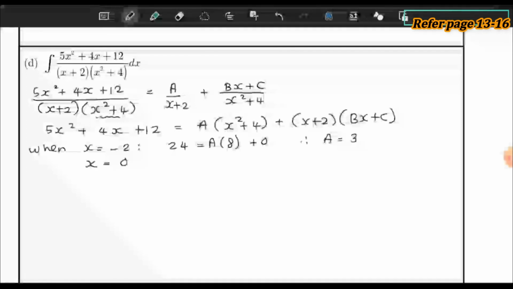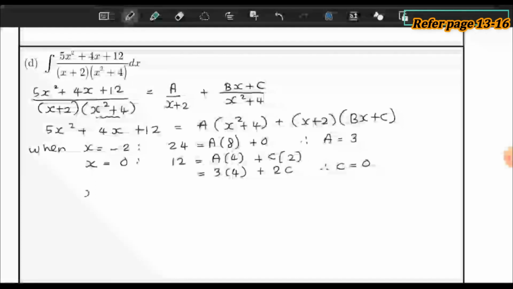When x equals 0, 12 equals a times 4 plus c times 2. By using a equals 3, we get 3 times 4 plus 2c. Therefore, c equals 0.